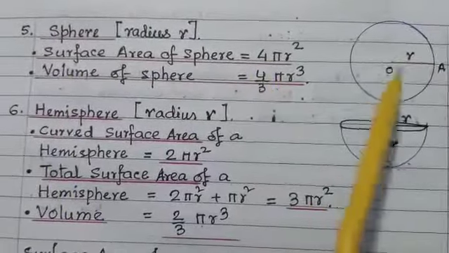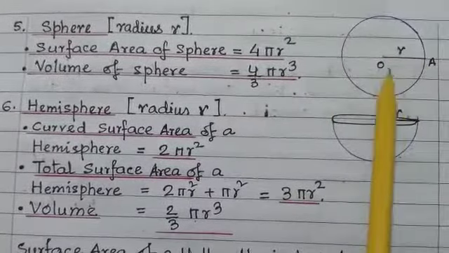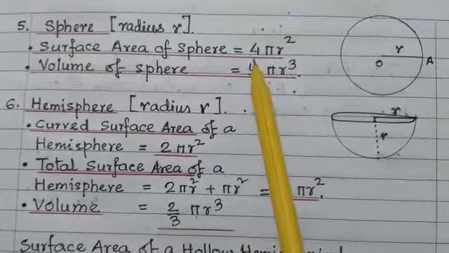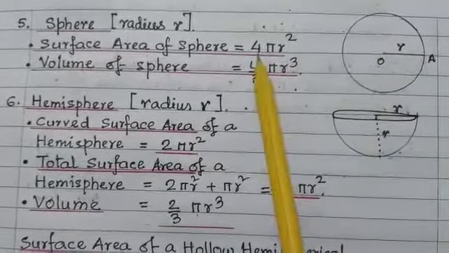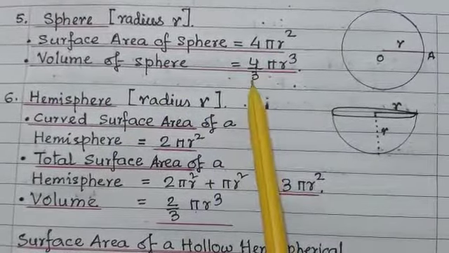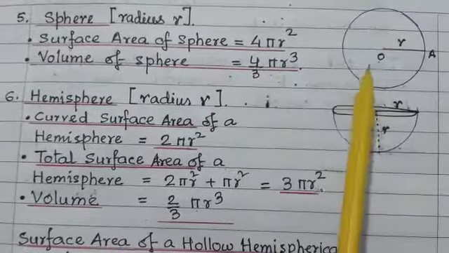Next is the sphere. Its curved surface area and total surface area are the same. It's only the surface area you can write. So surface area of the sphere is 4 pi r square and volume of the sphere is 4/3 pi r cube. Okay.